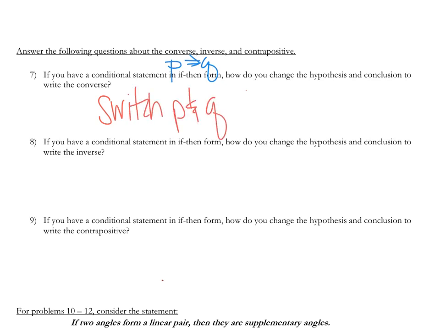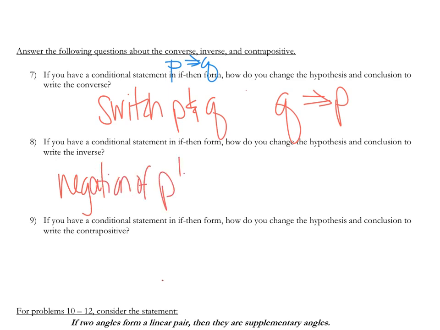So Q, then P. If you have a conditional statement in an if-then form, how do you change the hypothesis and the conclusion to write the inverse? The inverse is negating, so the negation of both P and Q. So not P, then not Q.